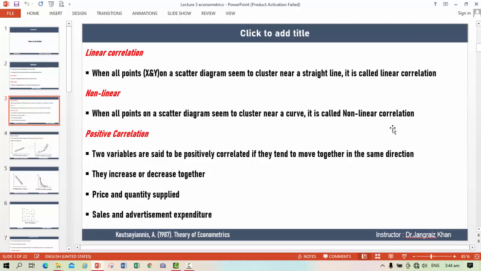It is an example of simple and positive correlation. Similarly, sales and advertisement expenditure is also a positive correlation, because as soon as we increase the advertisement expenditure, it is expected that the sales will also increase.